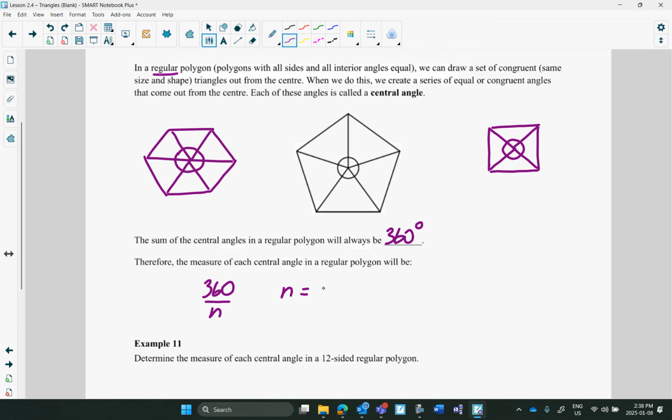N is equal to the number of sides. Again, this is one that you will get on your formula sheet. You won't have to worry about putting it on your reference sheet. I mean, you still can.